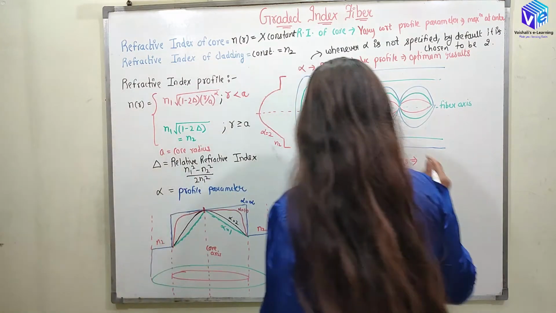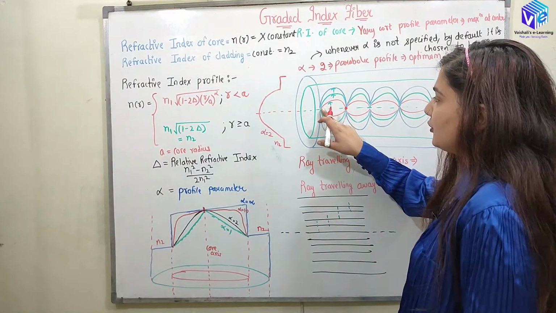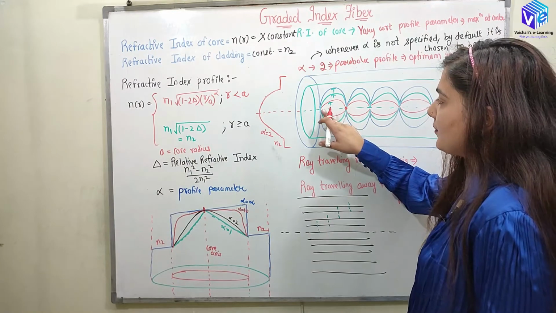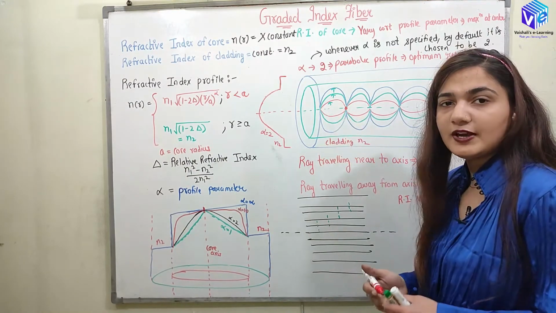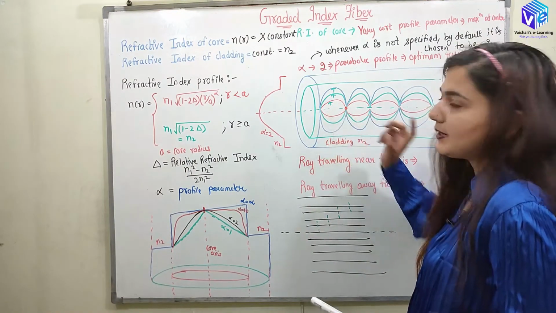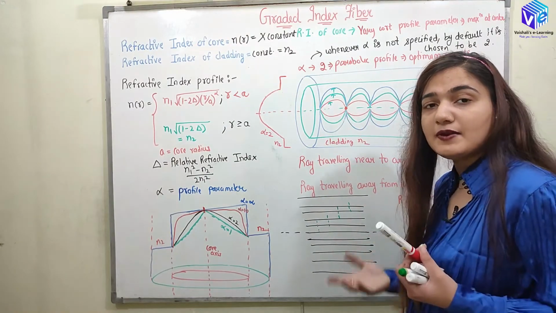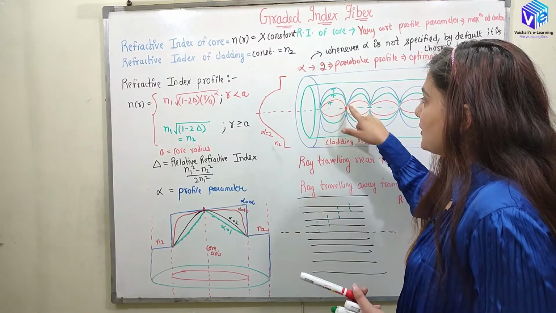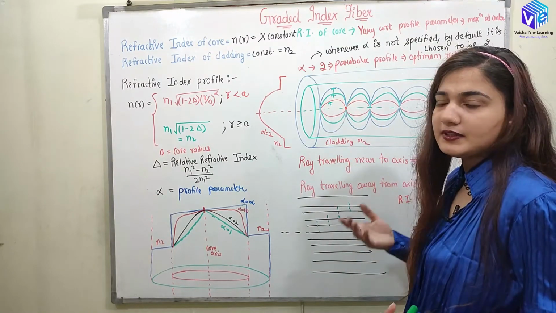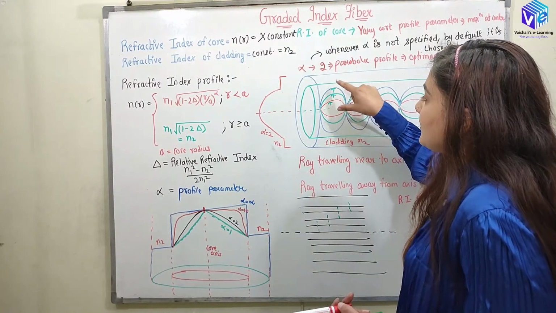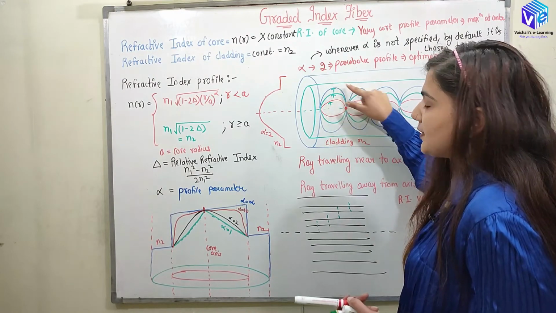Now ray 1 is traveling the lowest distance from one fiber axis point to the next, but it will have the lowest velocity. Ray 2 is traveling more distance, but it will have the higher velocity. The longer the path of the ray, the higher will be its velocity.